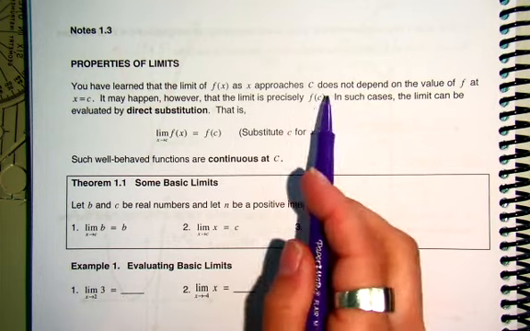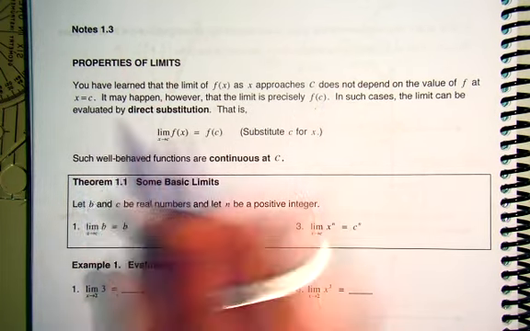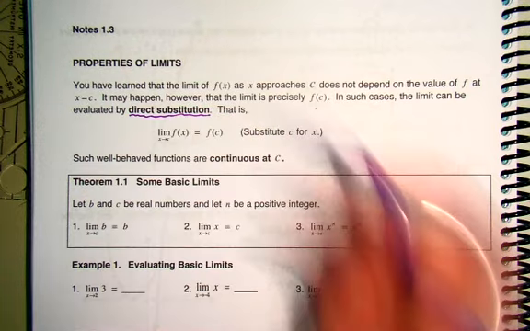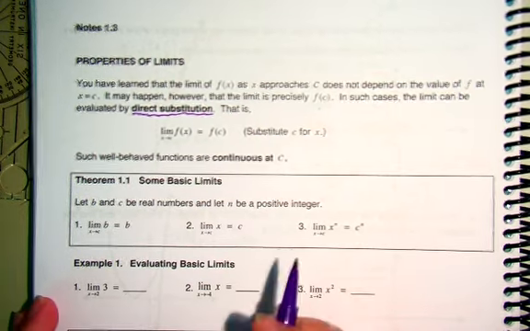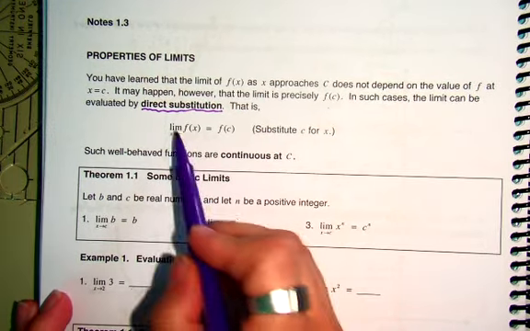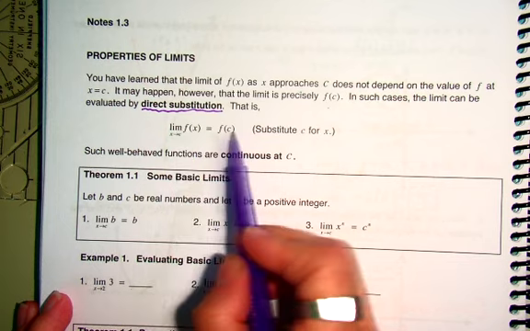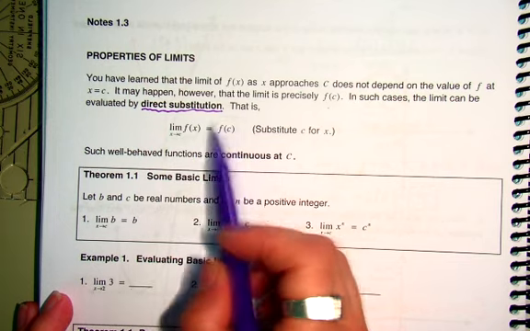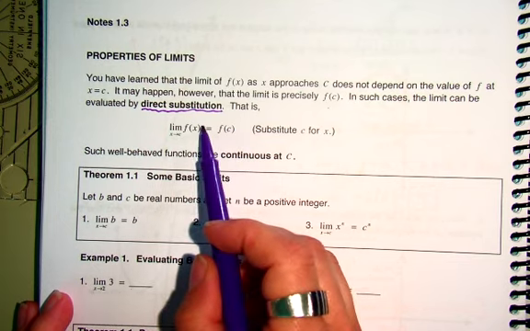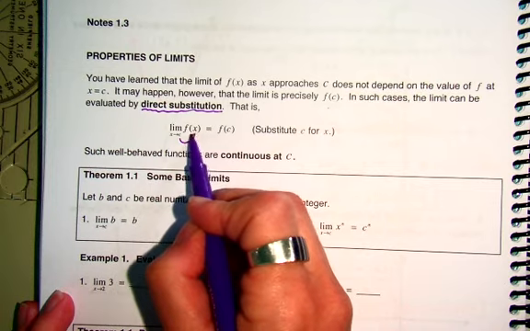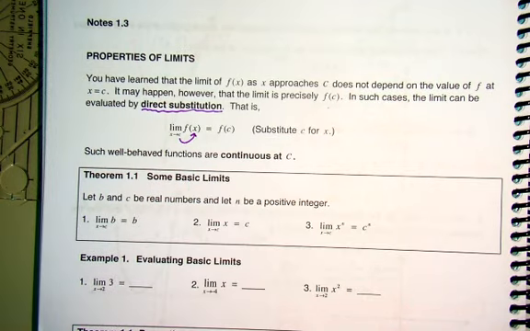In such cases, the limit can be evaluated by direct substitution. So basically, in these types of graphs, the limit as x approaches c of f of x is just equal to the value of the function right there. You can just literally substitute it in, just plug it in. This is what we were doing on those tangent equations yesterday, right?